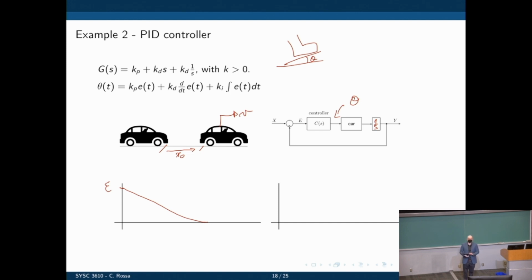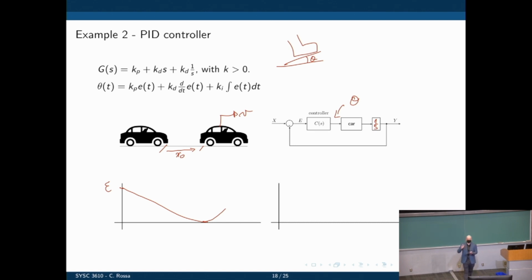And what happens when I reach the other car? Error is 0. What is the throttle position? 0. You're basically releasing the throttle. And then what happens? Then you lose the speed.